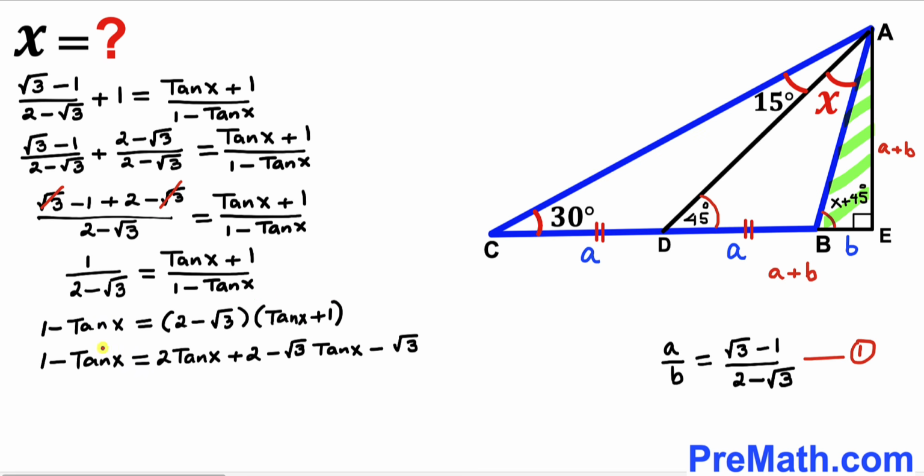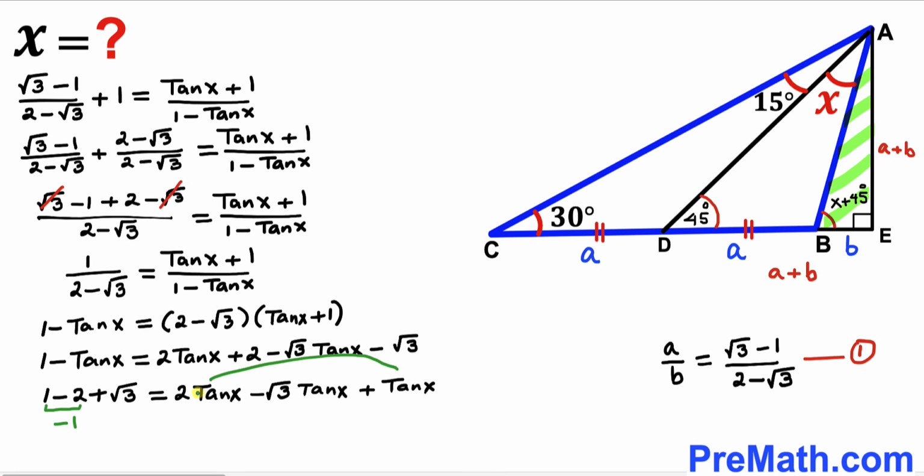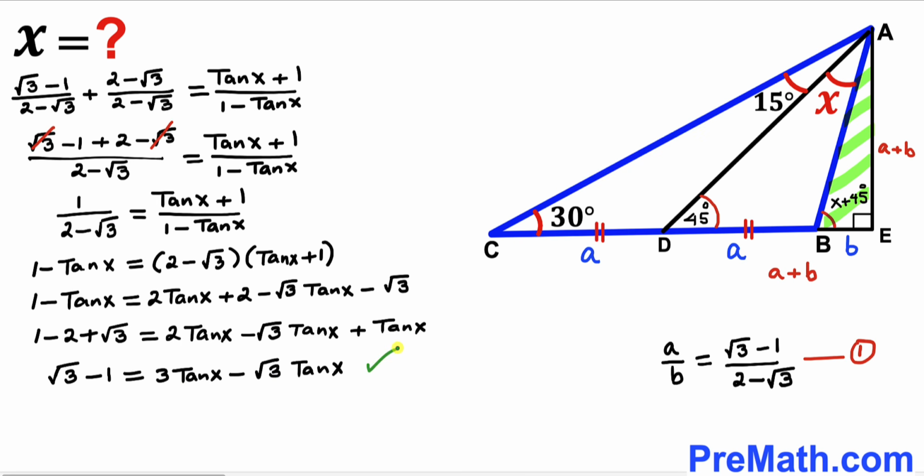And now I'm going to move this negative tangent of x to the right hand side, and at the very same time I'm going to move these constants 2 and negative square root of 3 to the left hand side, as you can see in this next step. And here we are going to combine these two like terms, 1 minus 2, that is going to give us negative 1, and at the very same time I'm going to add these two like terms, as you can see in this next step.